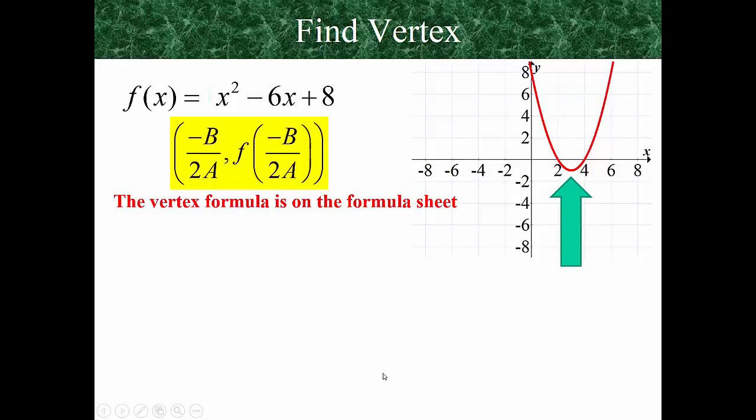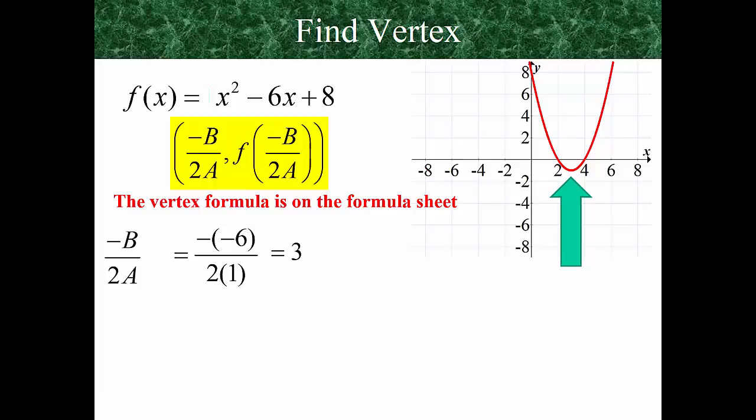Now the A, B, and C, notice there's not a C, are the same things from the quadratic formula that we learned in Chapter 2. And so taking the x value, negative b over 2a, and substituting the numbers from the function, we get the x-coordinate of the vertex.